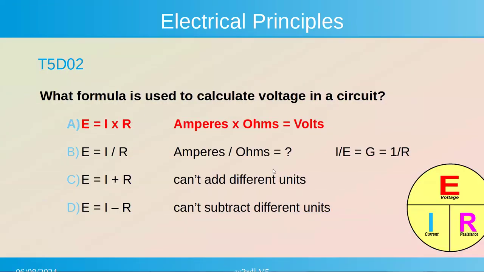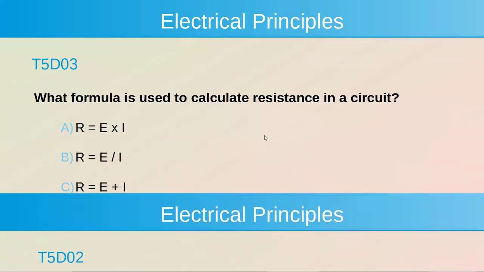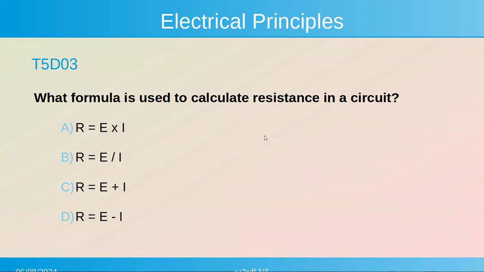It's not plus and minus, nothing's plus and minus in the formula, right? It's I times R or E over I or E over R, so you know plus and minus are out right off the bat. And you can't add current and resistance or subtract them. So that's why C and D are nonsense answers. Process of elimination. Just remember in your diagram that the I and the R are adjacent. It's multiplication.